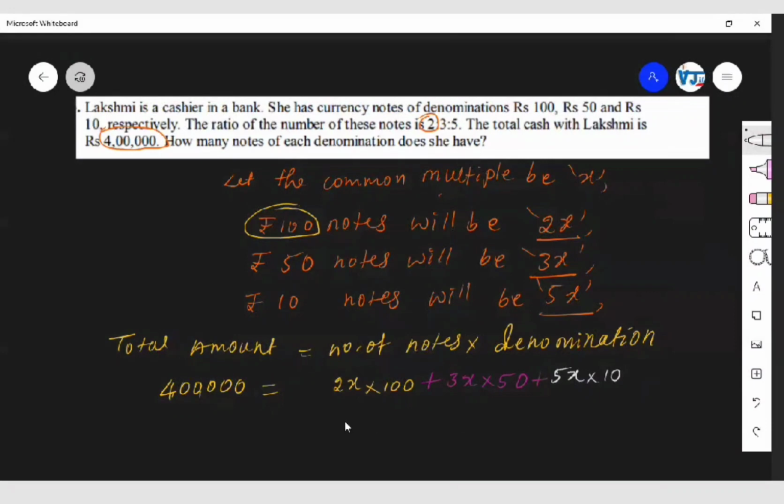Let's solve this. 2 into 100, 200x, plus 3 5s are 15, 150x, plus 50x. Then add these three: 400x. Here 4 lakh will be there.